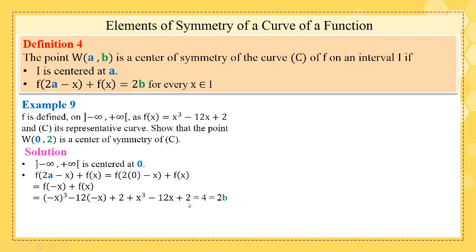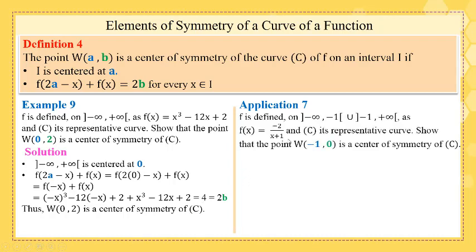Reduce this expression to get 4, which equals 2b. Don't forget that b equals 2. The two conditions are satisfied. Thus, W is a center of symmetry of C. Application. Please stop the video, then solve this application.